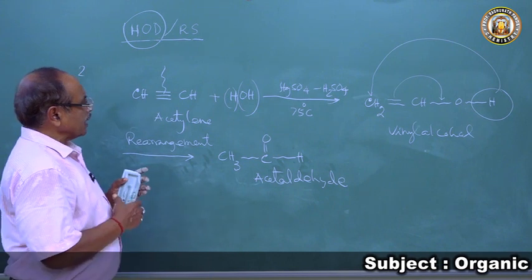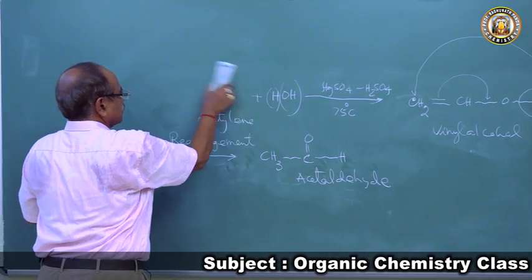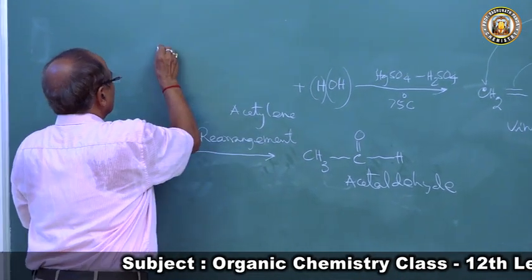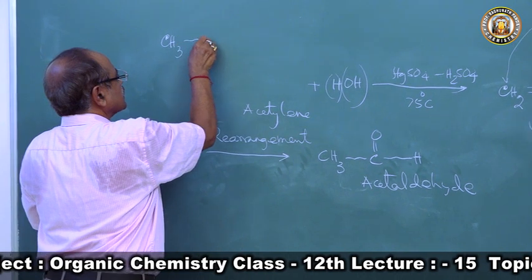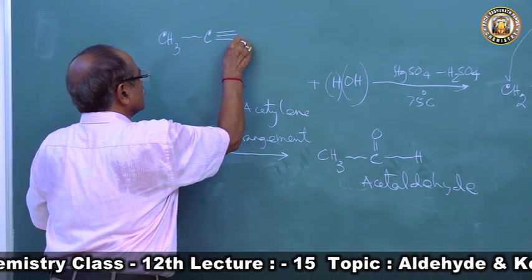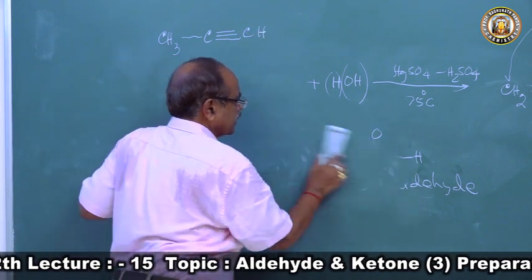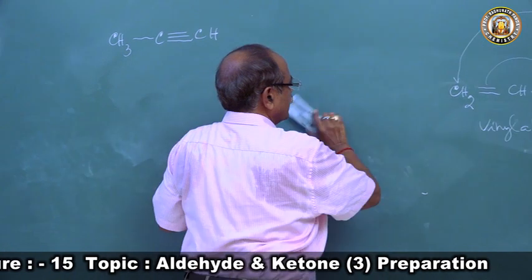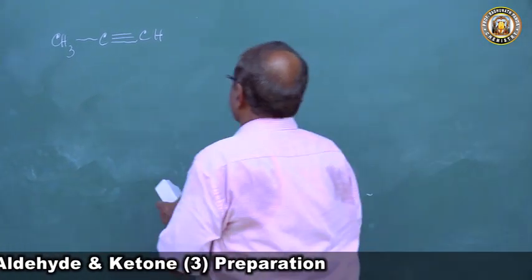Now we want to prepare acetone. Suppose you want to prepare acetone. If you want to prepare acetone, we will take CH3-C triple bond CH. We will take this compound. We take an alkyne containing 3 carbon atoms and carry out the hydration reaction.